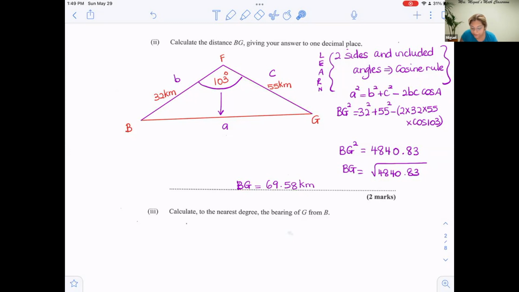The cosine rule listed there is a squared. A is the side that you want to find. So A is this side, then it is this first side squared plus the second side squared minus 2 by this by this cosine of A. You put everything in the calculator and get the answer. To find the length, you find the square root.